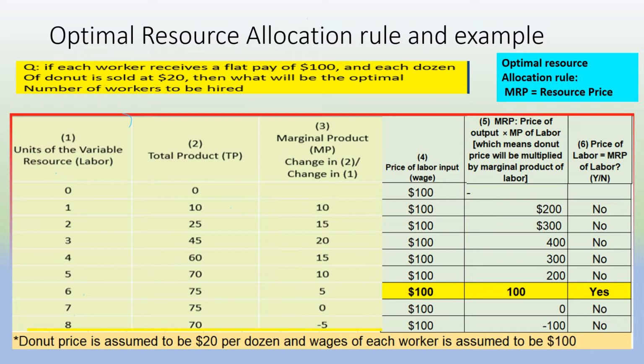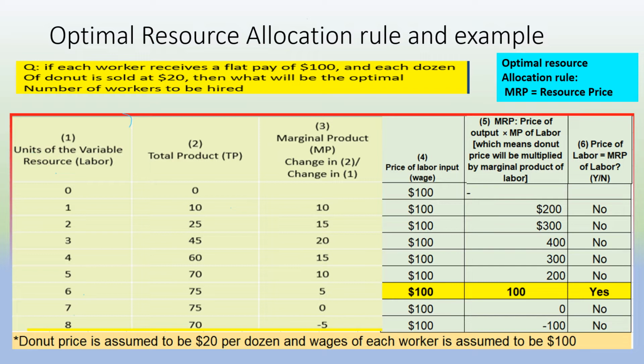This difference is 10, and we divided that by the change in column number 1. Column number 1 changed from 0 workers to 1 worker, so the change was 1. So 10 divided by 1 gives us the marginal product of the first worker, which is 10.